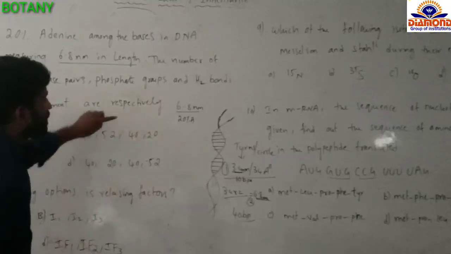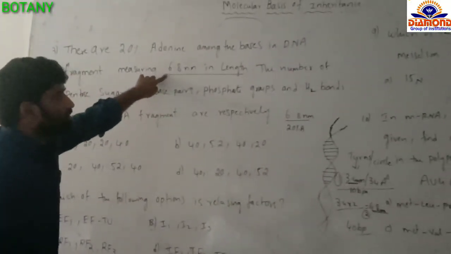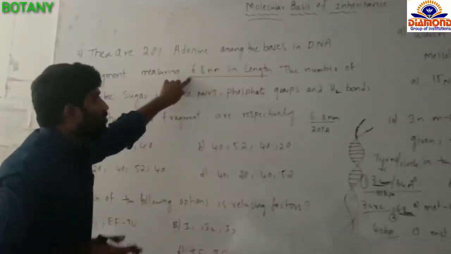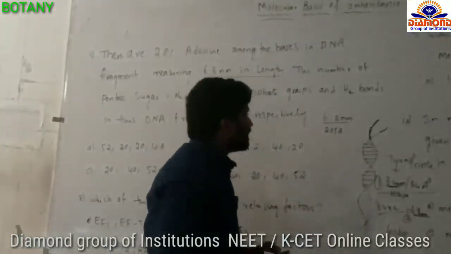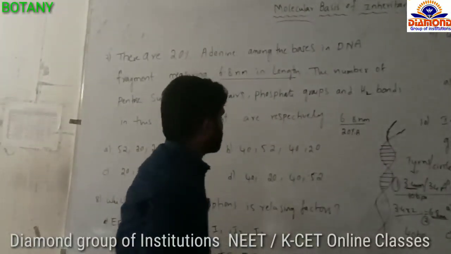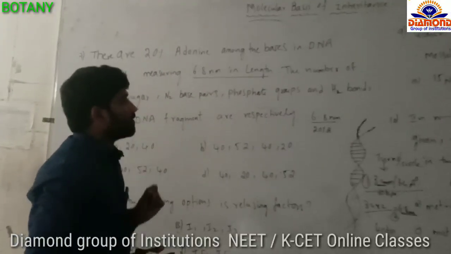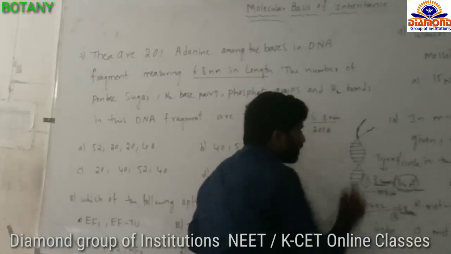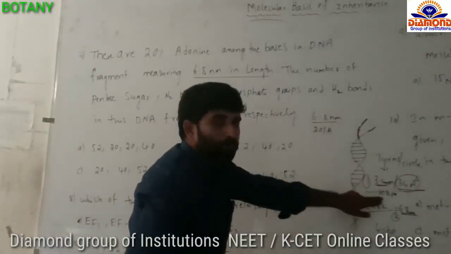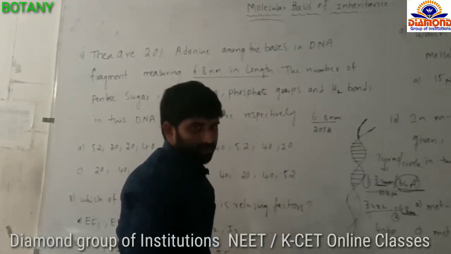So based on that, a 6.8 nanometer length means 2 turns of the DNA. 2 turns of the DNA are also called 2 helices. Each helix has 3.4 nanometers, otherwise 34 angstrom units, which contains 10 base pairs. 10 base pairs means 20 nitrogen bases.